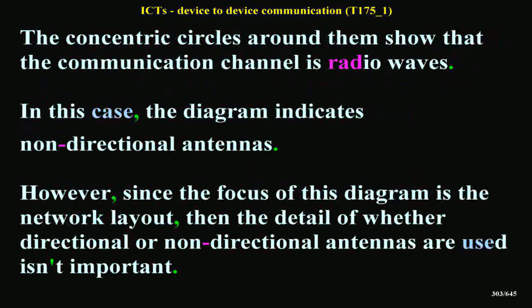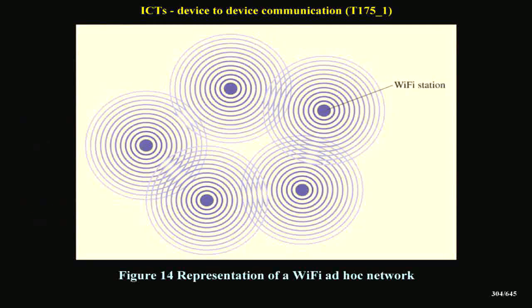The concentric circles around them show that the communication channel is radio waves. In this case, the diagram indicates non-directional antennas. However, since the focus of this diagram is the network layout, the detail of whether directional or non-directional antennas are used isn't important. Figure 14: representation of a Wi-Fi ad hoc network.